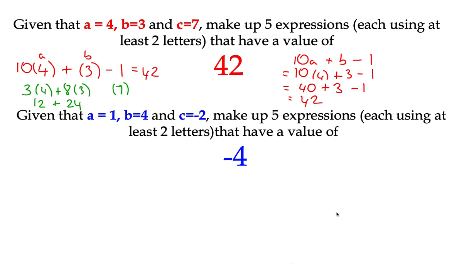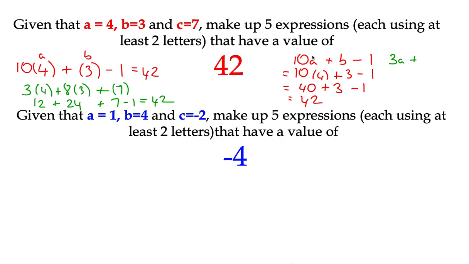Still less than 42. So if I then add 1 lot of 7, 36 and 7 is 43. And as it happens, if I take 1 away, that would give me 42. So my expression, and that's why the brackets are quite good in this case as well: I've got 3 lots of 4, so that's 3A.